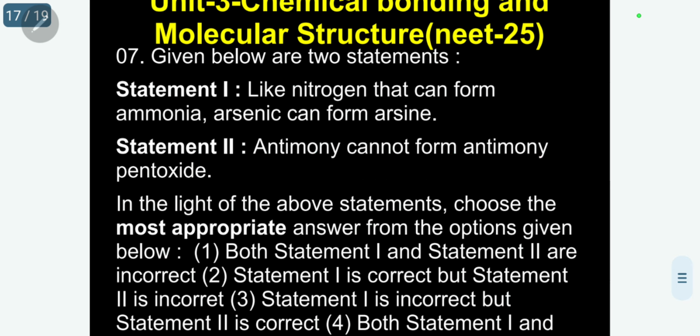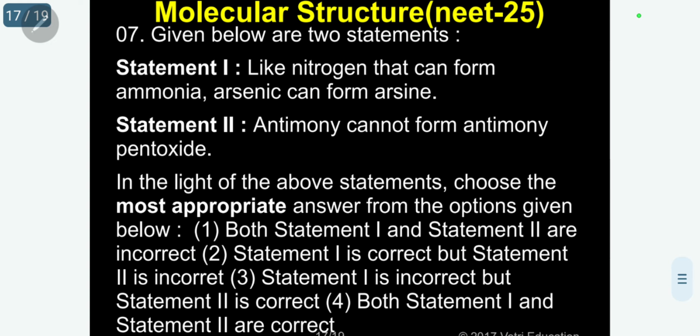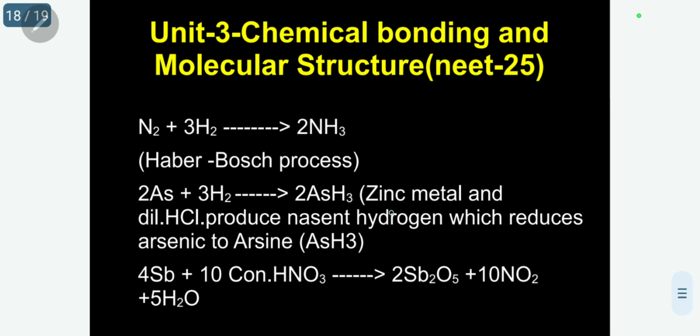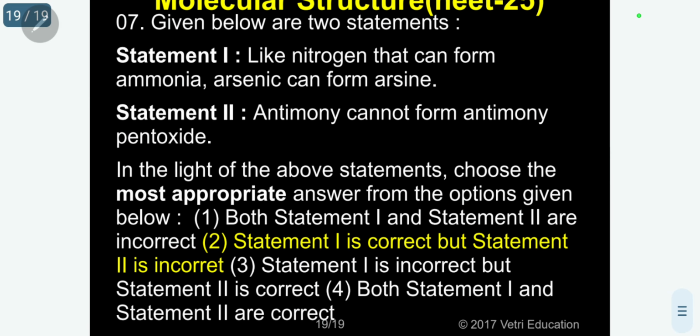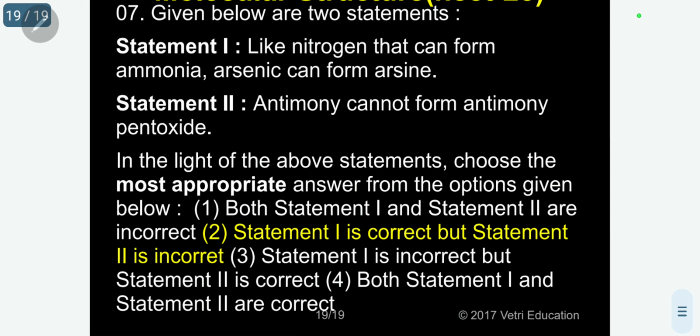So statement 1 is correct, 2 is wrong. Let us see the answer now. So in this case, statement 1 is correct, but statement 2 is incorrect.